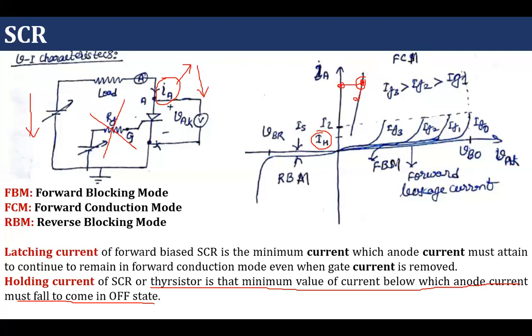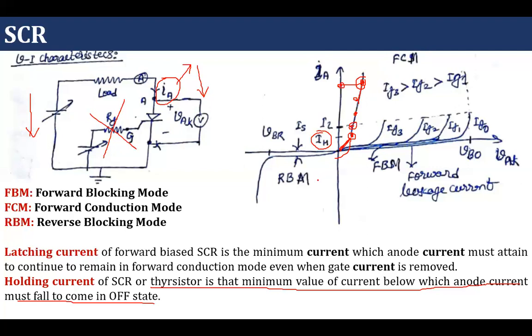The current will come to this point. Even if the current is equal to latching current or slightly below the latching current, the device will not be off. The device is going to be off if anode current goes below the holding current. So here device will be off and current will become 0.